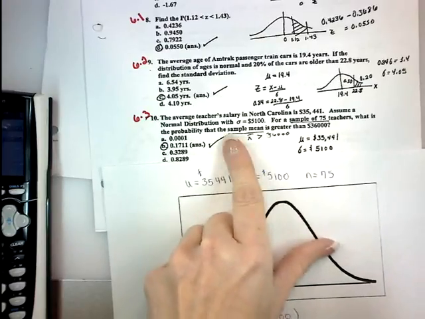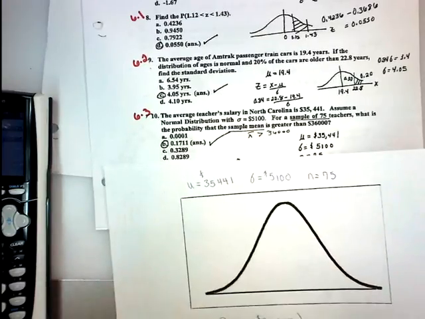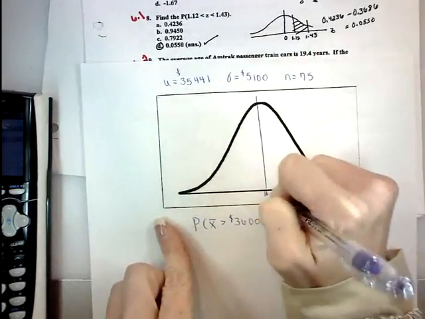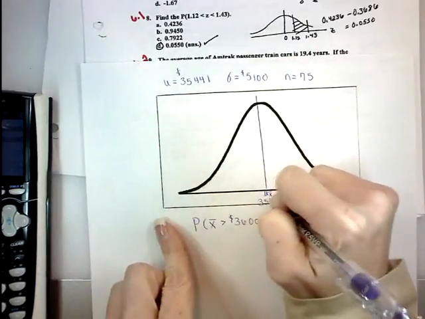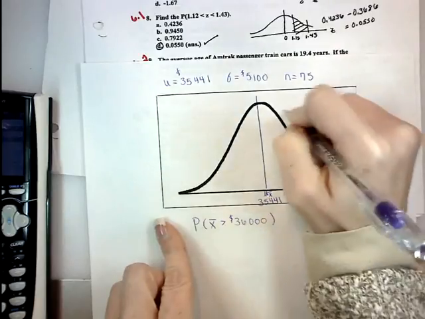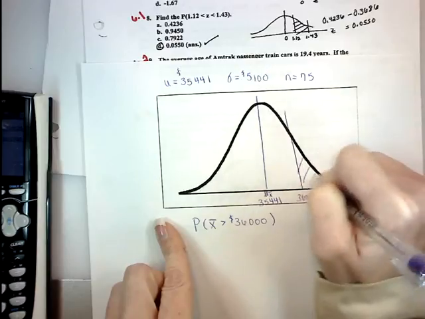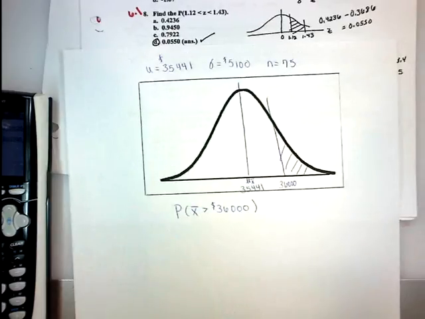They said sample mean, so that's X bar. You will draw in your mean of sample means, and that's 35,441. 36,000 falls above it, so we want to shade everything above or greater than 36,000. That area is the answer to the question.